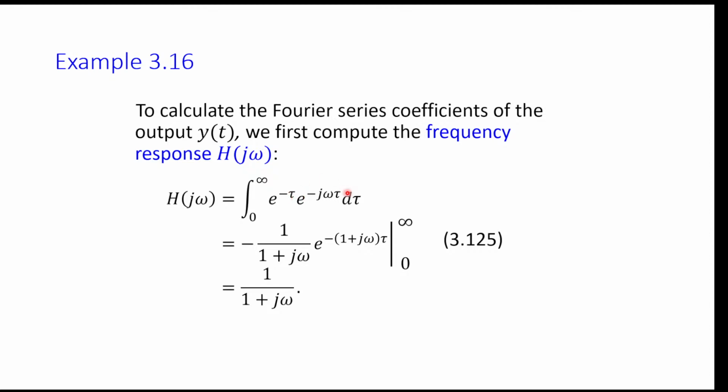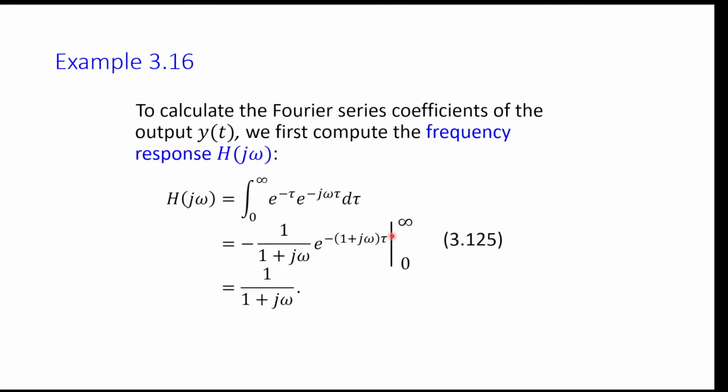So you can combine those two factors. You see that this is an exponential function of tau. This is e to the minus (1 plus j omega) tau. Okay, and the exponential function is easy to integrate. You pull this factor down, so you get minus 1 over (1 plus j omega). And then you have this thing, with upper range infinity and lower range 0.